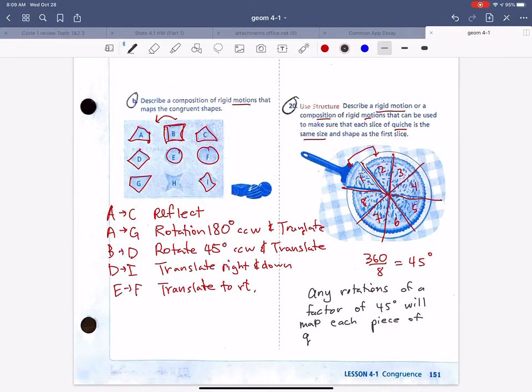It's like a cheese, egg, pie type of thing. To confirm, all pieces are the same size and same shape. Nice. Okay.